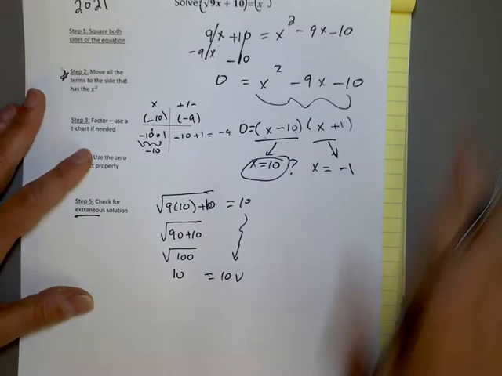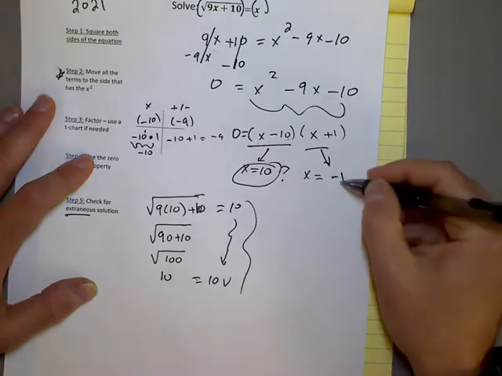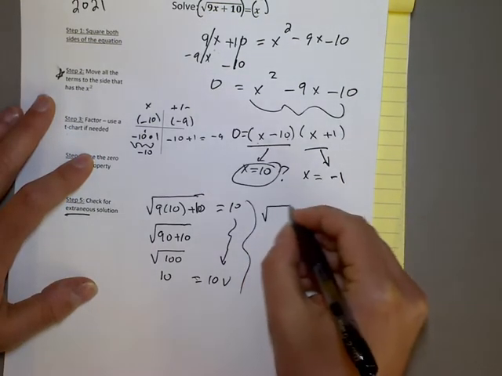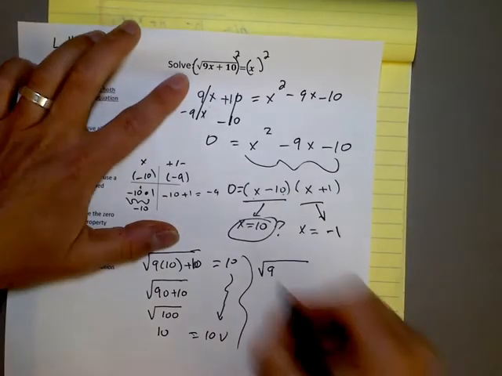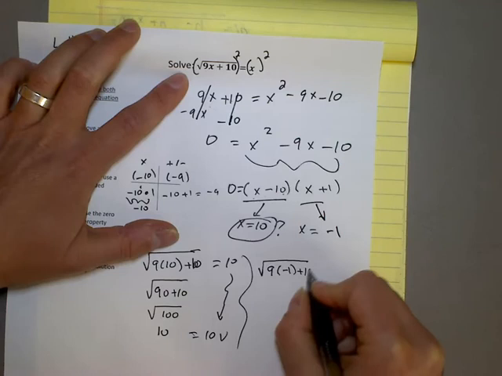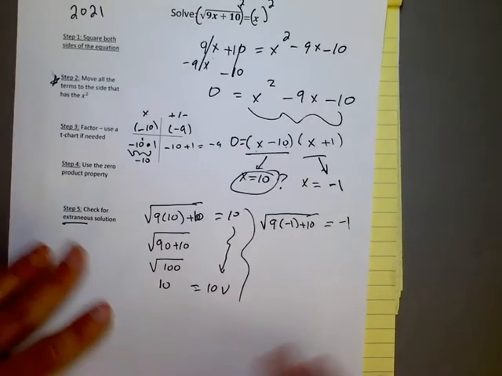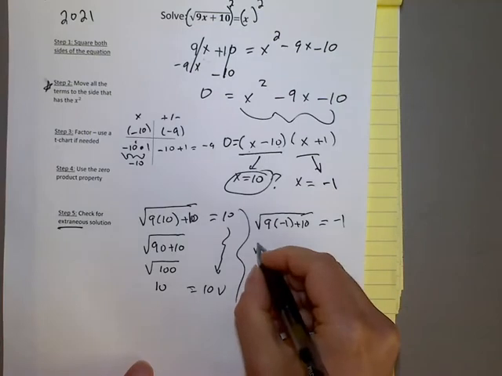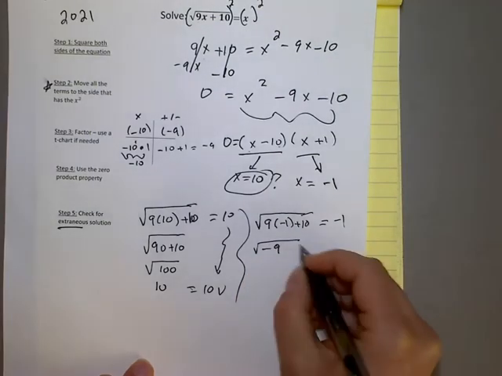Then let's check the same thing with negative 1. We'll take the square root of 9 times negative 1 plus 10 and set it equal to negative 1. That's going to give us the square root of negative 9 plus 10, since 9 times negative 1 is negative 9.